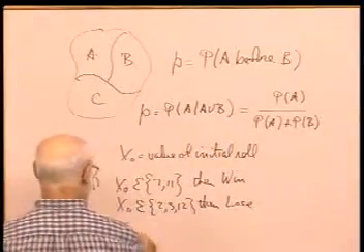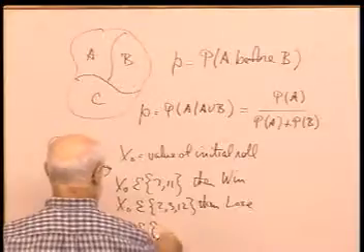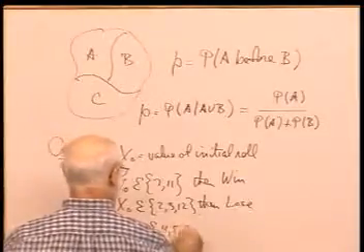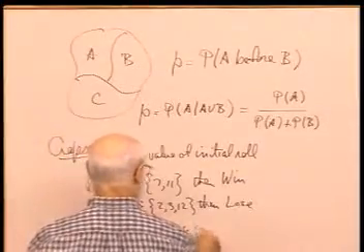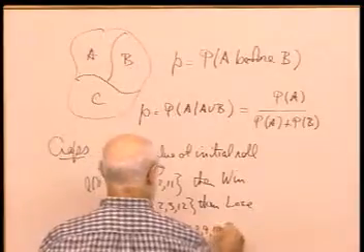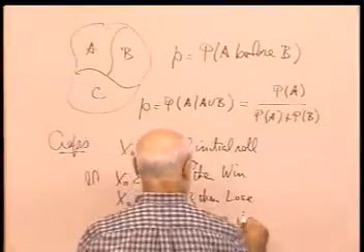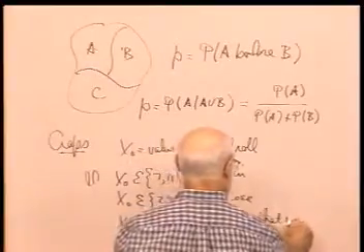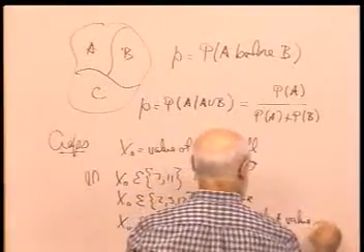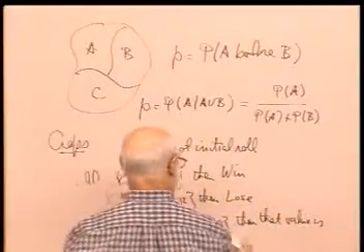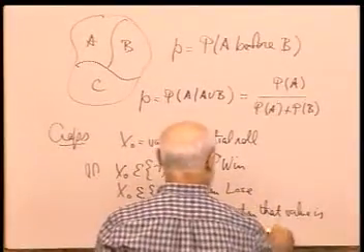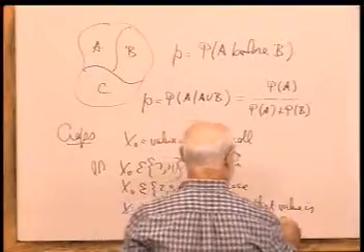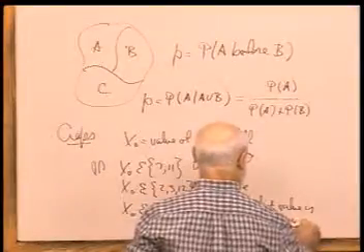If x0 is anything else, which means 4, 5, 6, 8, 9, 10, then that value is called the point, P-O-I-N-T.